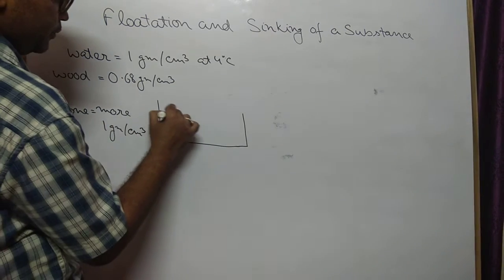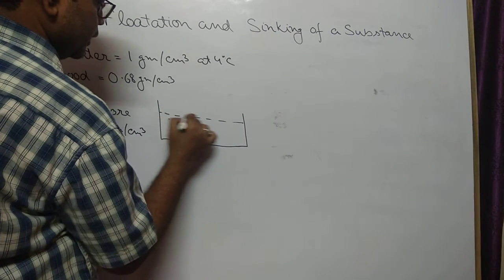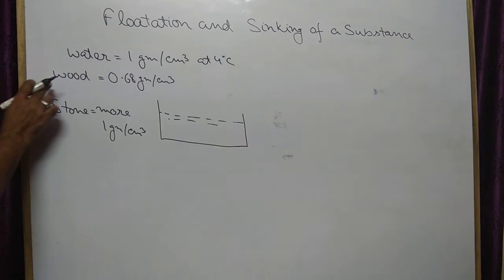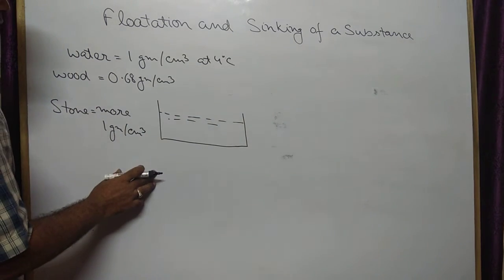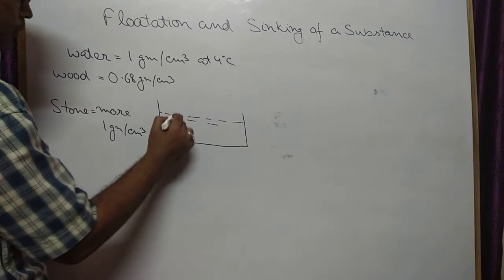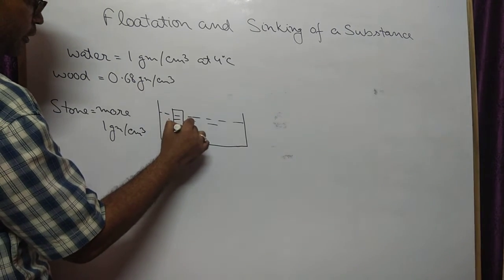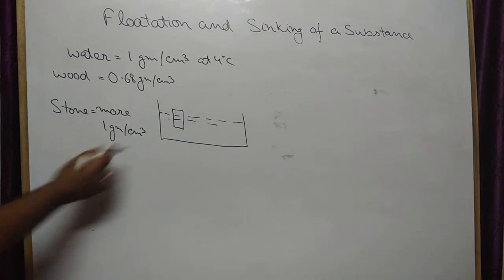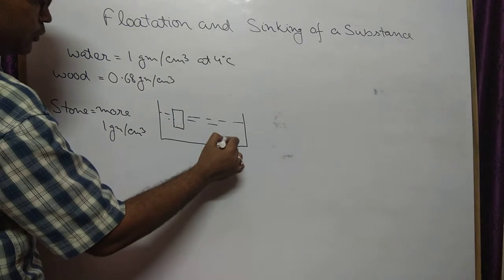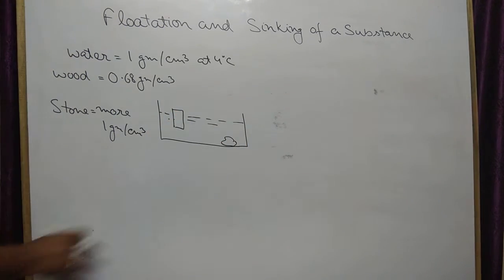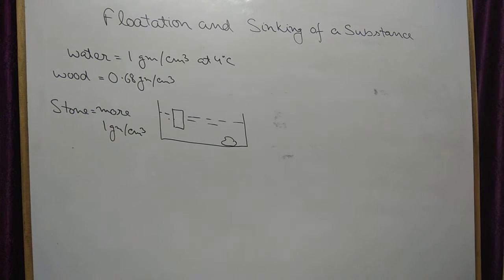Now we take some water in a container and drop wood and stone both inside the water. What we observe is that wood floats on the water and stone goes to the bottom of the container. Why does this happen?